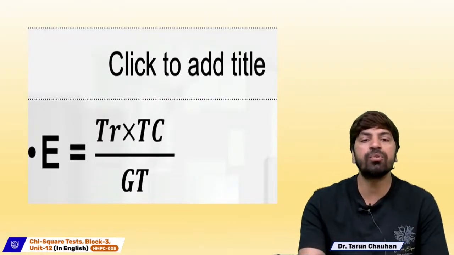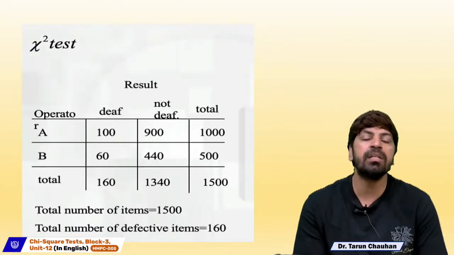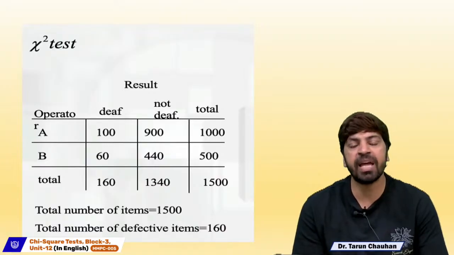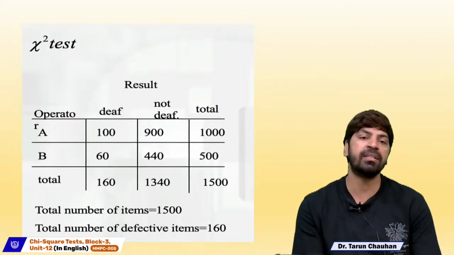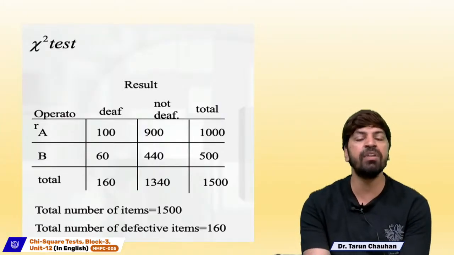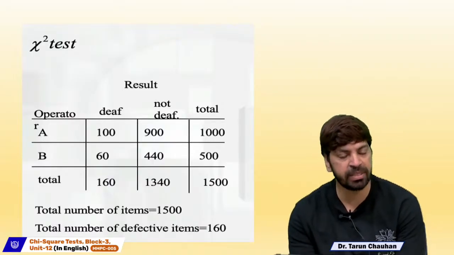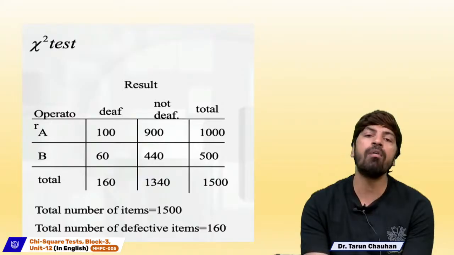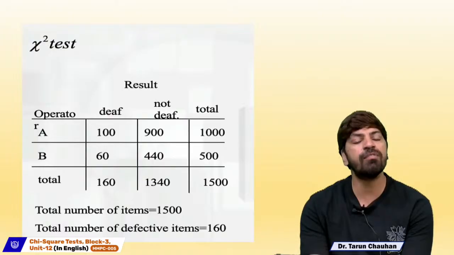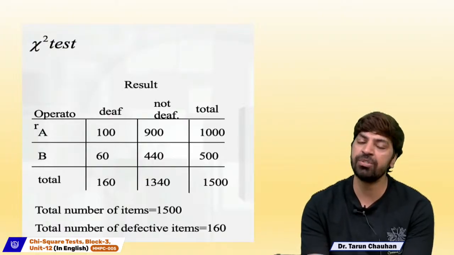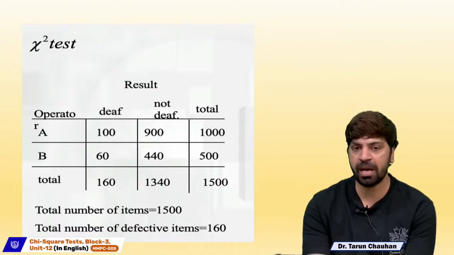If we look up the total of row, for example, if we need to calculate the expected frequency for D, the first row and first column, that means the total of row, 1000, into the total of column, 160, by the grand total, that is 1500.